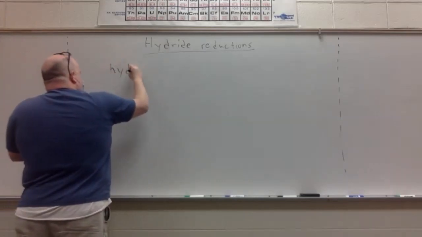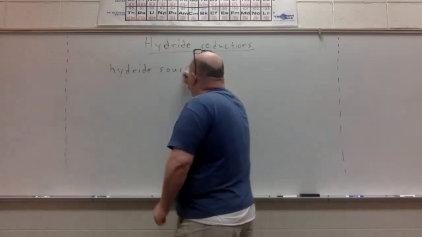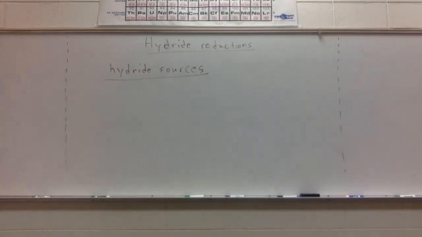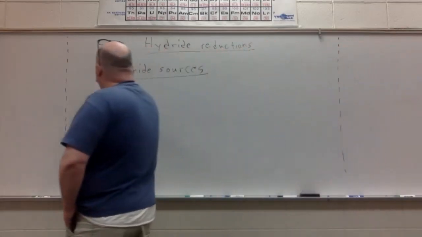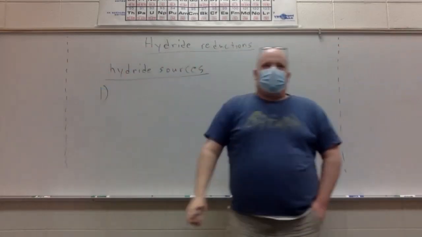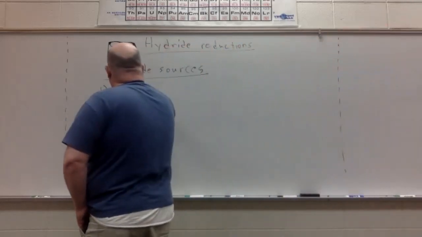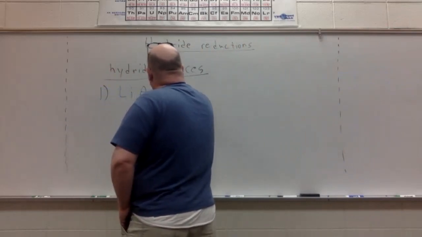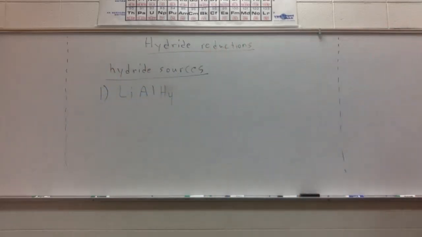First of all, let's make a list of hydride sources. There are lots of them, but these are some of the more common ones that we are going to run into. There are three broad bullets here. The first one includes two agents. One is lithium aluminum hydride, with the formula LiAlH4.